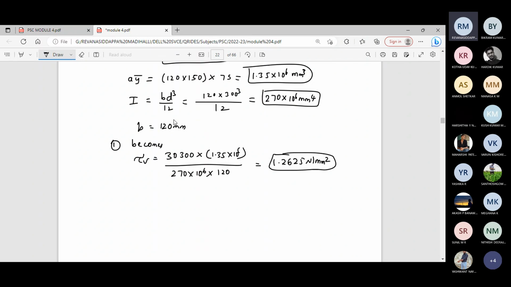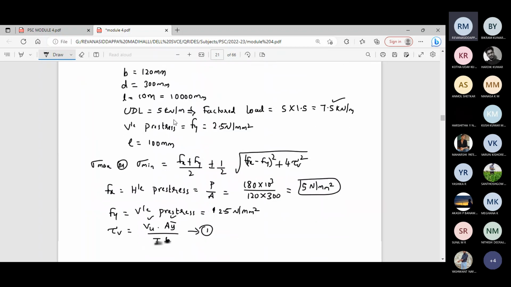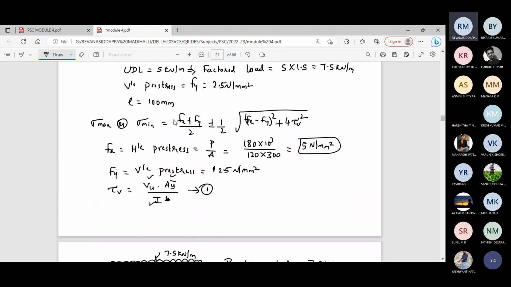Now we got all the required parameters to find the principal stresses. We got Fx, we got Fy, we got tau v also, just substitute.